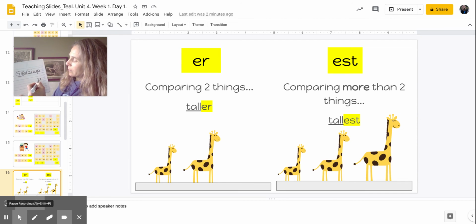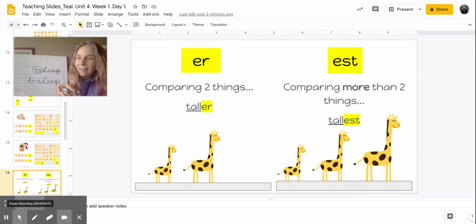So quick. Great. And then my suffix -est. Quickest. So I'm underlining my base word quick, and I'm going to circle my suffix -est. Quickest. There we go. I hope yours looks like mine.